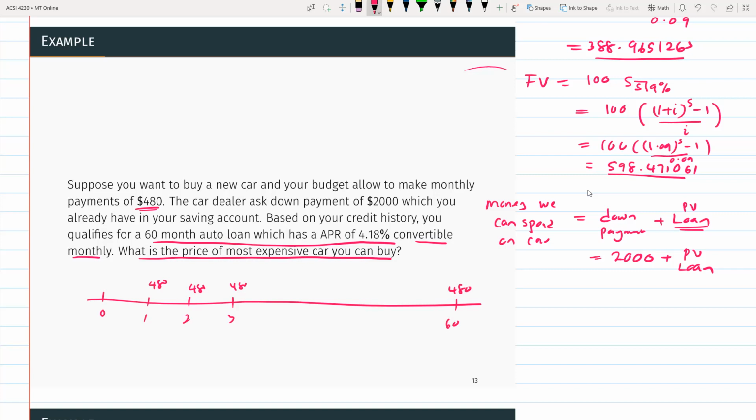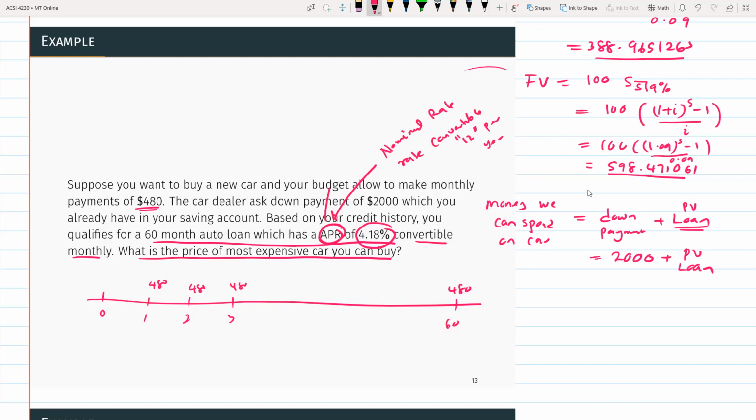So the rate is given as an APR of 4.18. Now, what is APR? Annual percentage rate. This is a nominal rate, okay? If you remember from module 1, APR is nominal. It is a rate convertible 12 times per year.